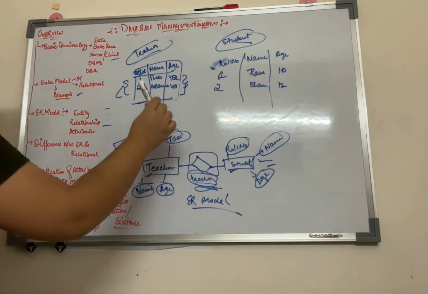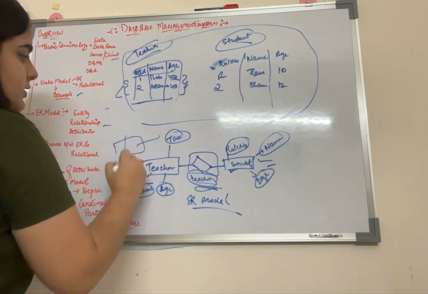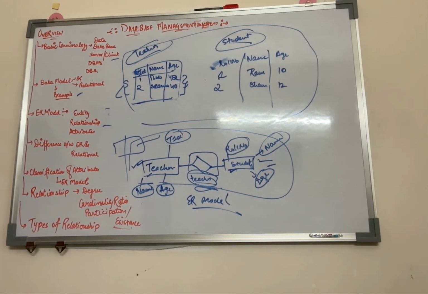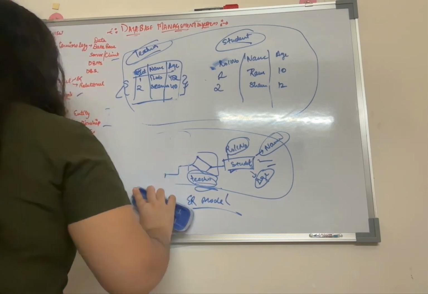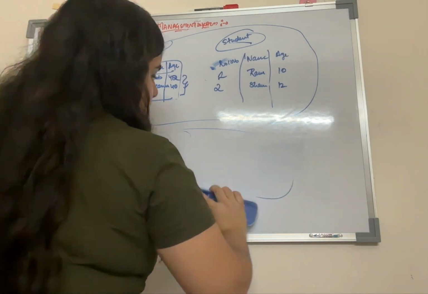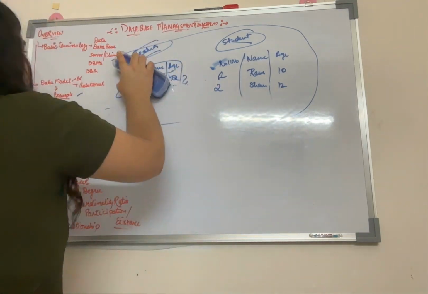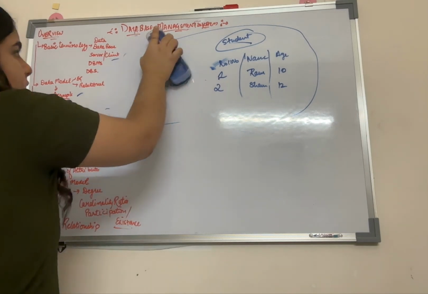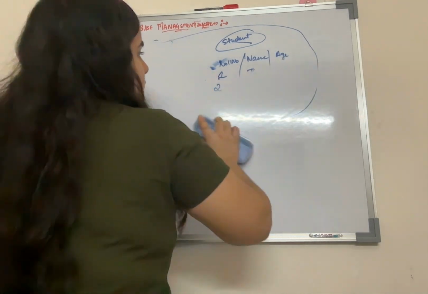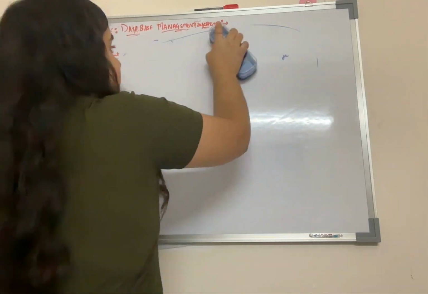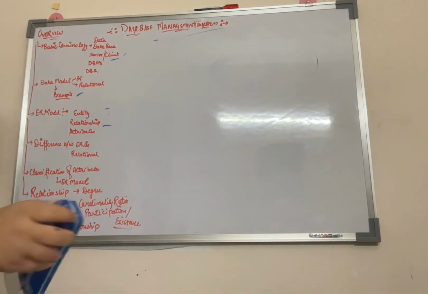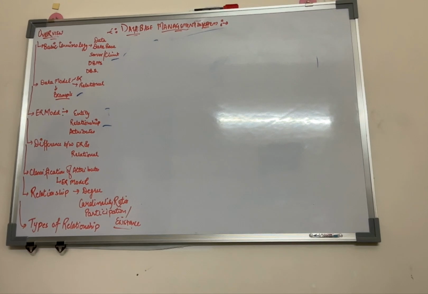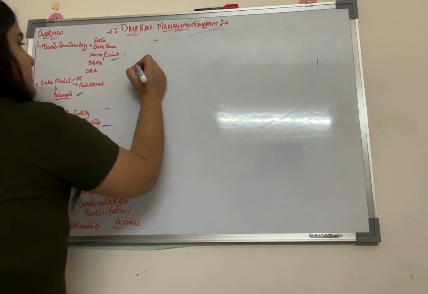So this is the relational model and this is your ER model. I hope it's a little clear now. If not, don't worry, we'll study these two in detail as well. Now we'll see the basic terminologies of ER model. Today we will be focusing mostly on ER model only, and in the next lecture we'll see relational model. So what is an entity?